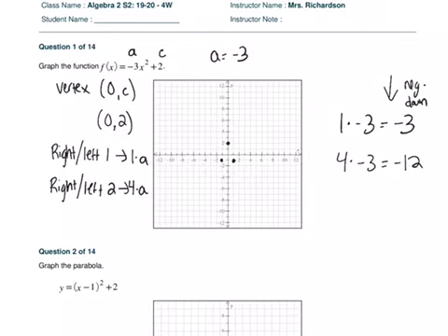Then you're going to move right 2 and down 12. 1, 2, 3, 4, 5, 6, 7, 8, 9, 10, 11, 12 would be about there. And again, left 2 and down 12. So your last point would be there. And then you're drawing your best parabola that you can draw. Although on ALEKS, this will be a little easier because you'll be able to plot it using the tools that they give you. Okay, and then that's how that parabola looks.